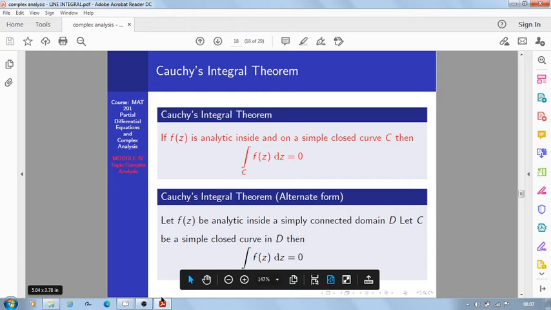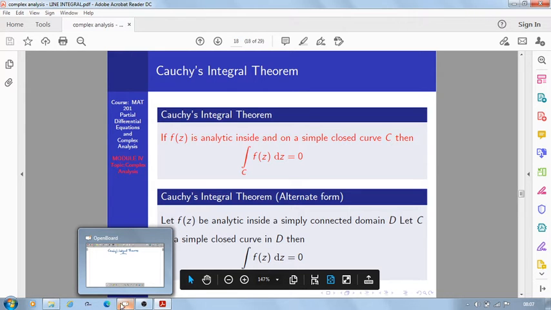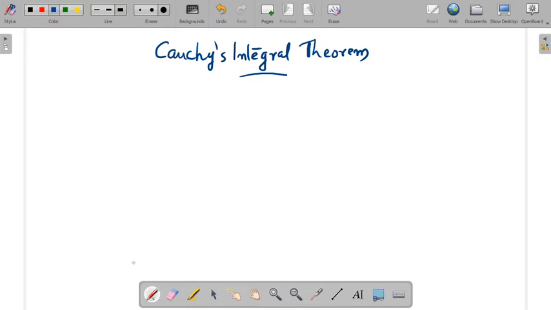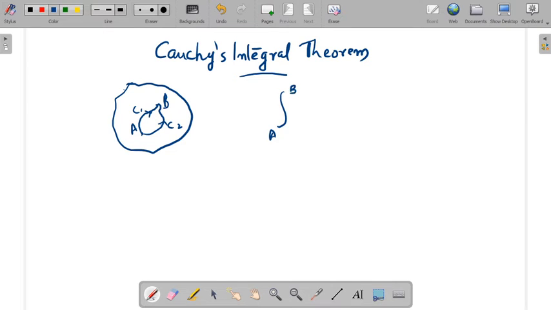Then the integral will be equal to 0. Using this theorem, you can reach that statement which I just mentioned in the last class. That is, if you take an analytic function f of z and a and b are two points, and you take a curve C1 from A to B and another curve C2 from A to B, our condition is that f of z is analytic in this region.